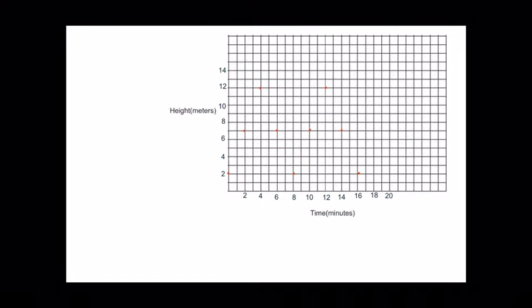I have just labeled my graph, and this is the graph for all the heights of the Ferris wheel cart, starting at the minimum height 2, all the way up to the maximum height 12, in correlation to the time in minutes. And an actual graph would look something like this.